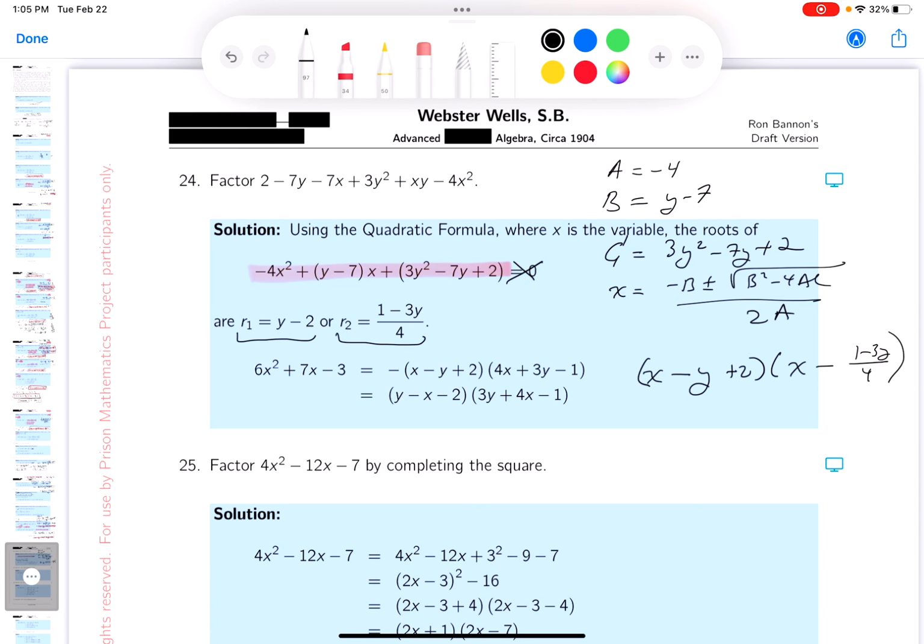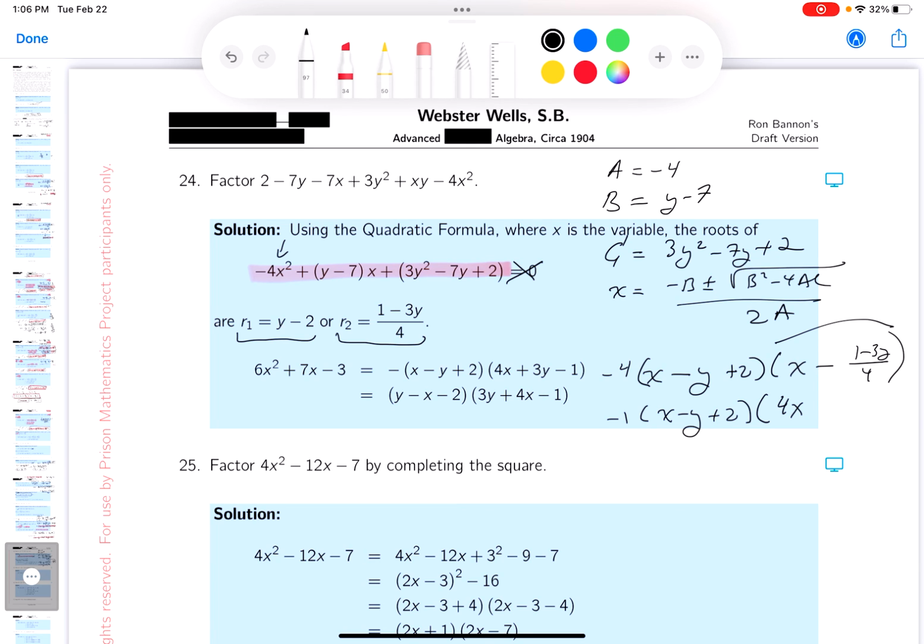And then what I have to multiply by? I got to get the coefficient to be minus 4 in the x squared term, so I multiply by minus 4. So I'm going to write that down as minus 1 times x minus y plus 2. And then I'm going to associate the 4 with the second factor, this guy over here. What do you get? 4x, and multiplying it by 4, right?